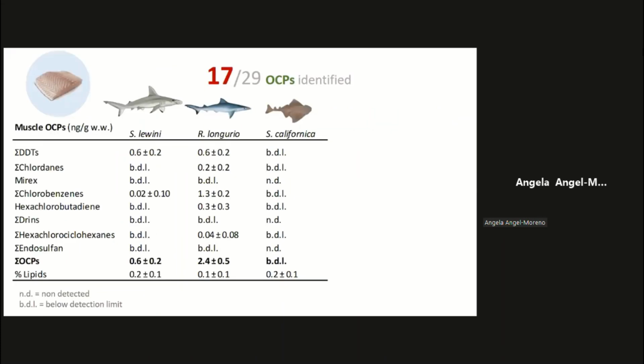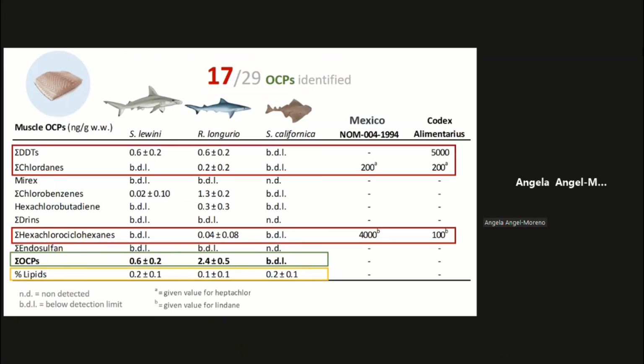In muscle, the number of organochlorines identified and their concentrations were lower than those in liver, which is associated with the low lipid content of this tissue. These concentrations were between 3 and 5 orders of magnitude lower than the limits established by different agencies for human consumption.